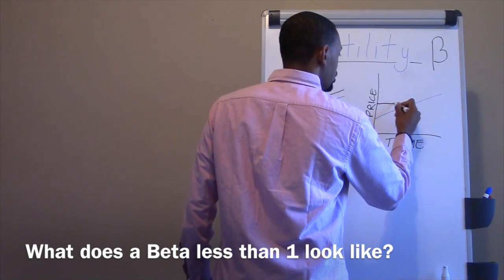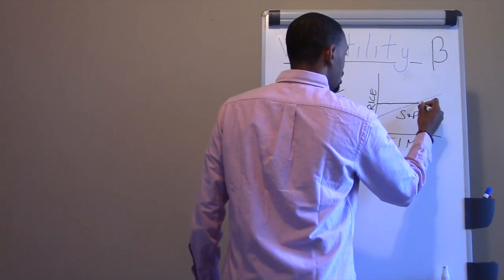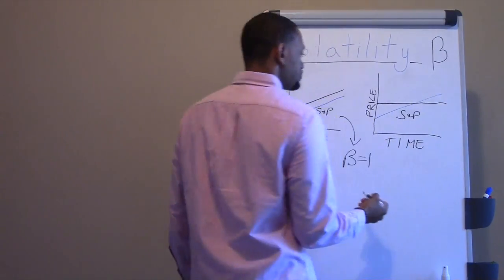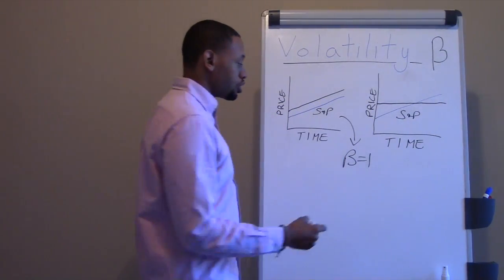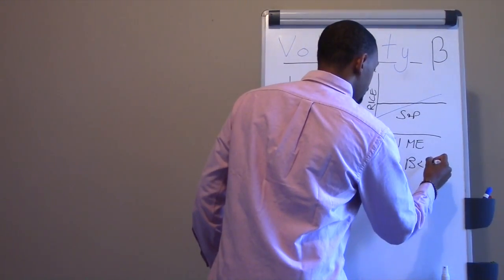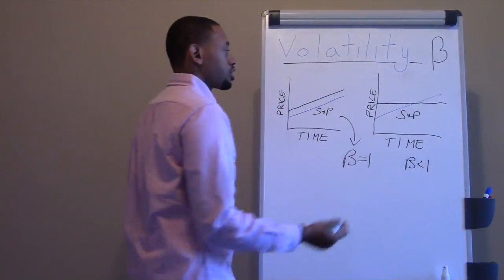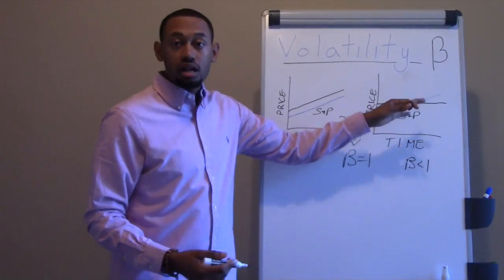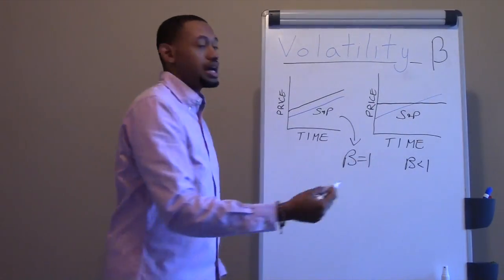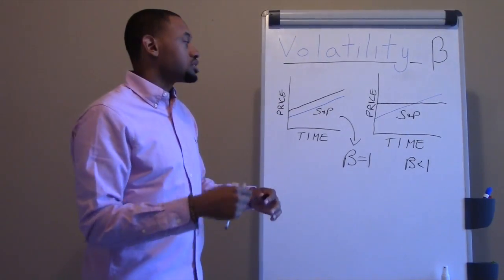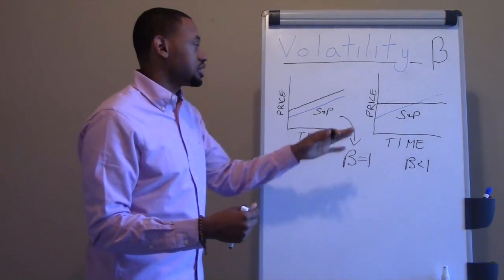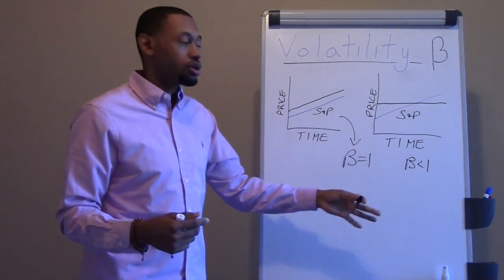It's increasing, but it's really small over time. Then it's going to have a beta that's less than 1 because it's not fluctuating as much as the benchmark is. The benchmark has a steady climb, but this one is relatively flat, increasing at a much smaller rate.